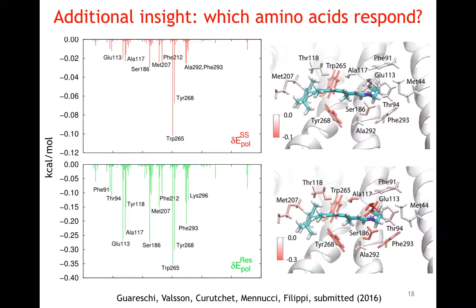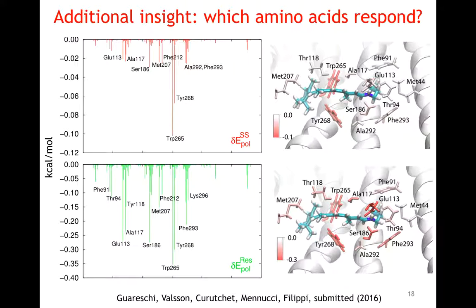Moreover, the use of these techniques allows us to obtain additional insights from our system, and actually we can fingerprint the response of the single amino acids of the protein to see which of them responds the most.